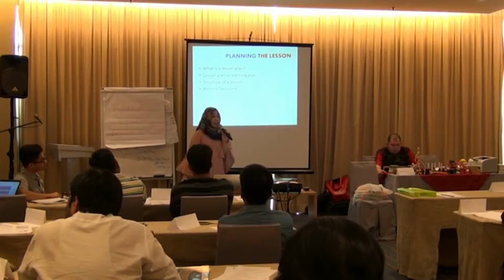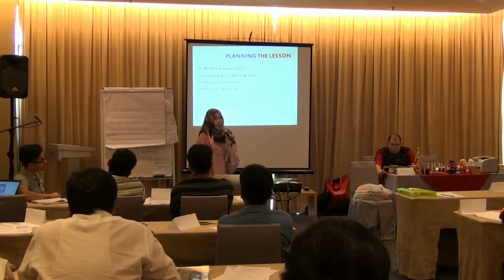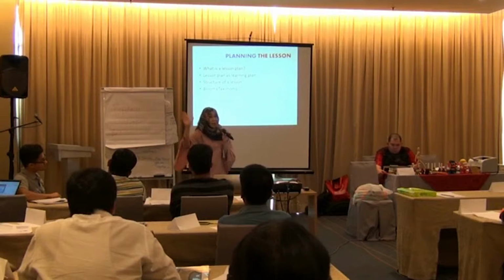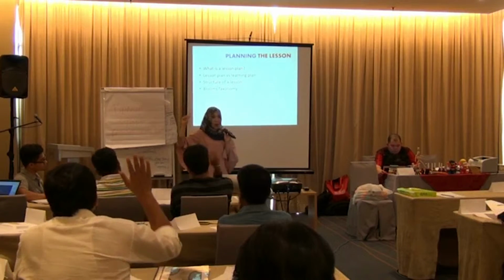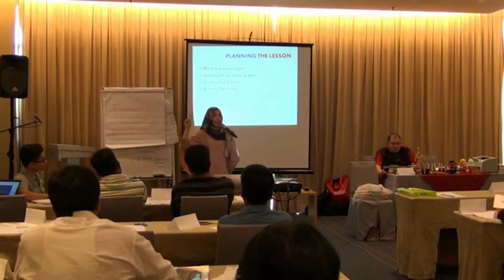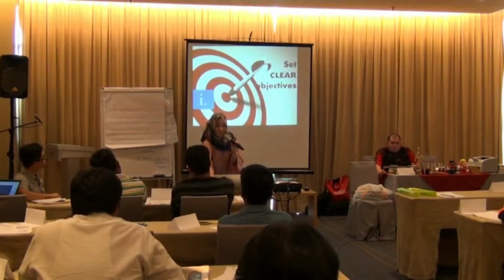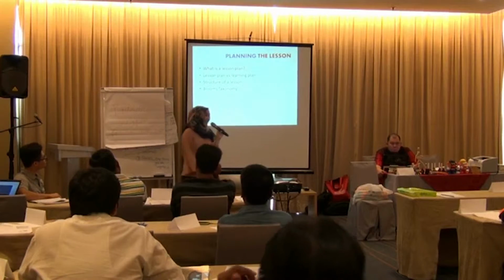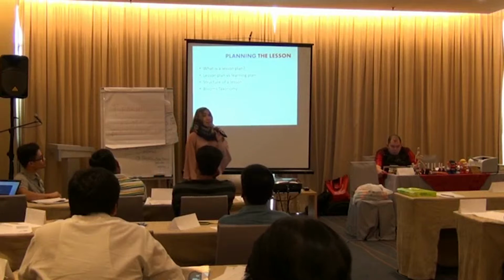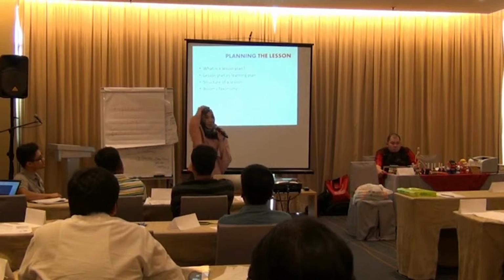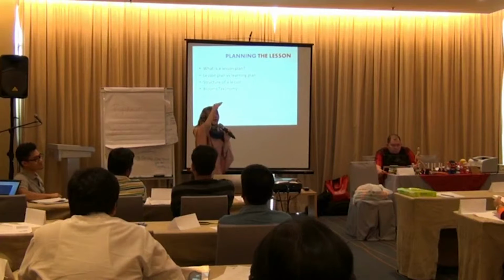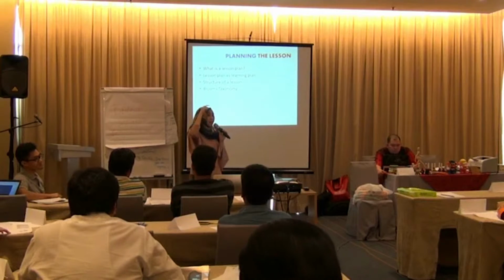Now, the structure of a lesson, you know it already because that's in the lesson plan. Everybody knows what Bloom's taxonomy is. Hands up. So we'll not cover that. What's the latest version of Bloom's taxonomy, right at the top? Right at the end of it.